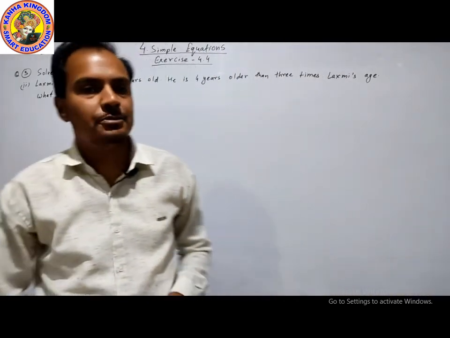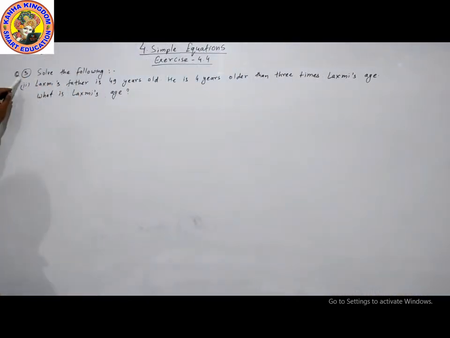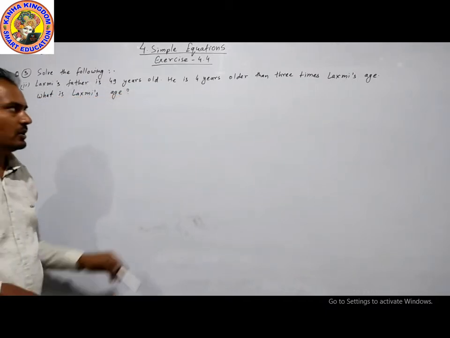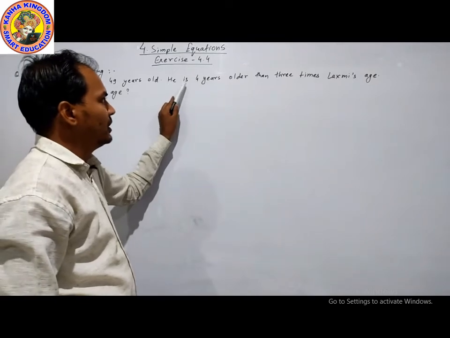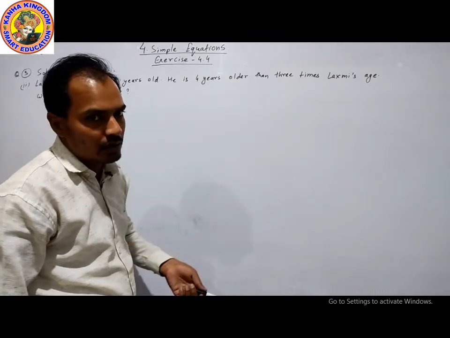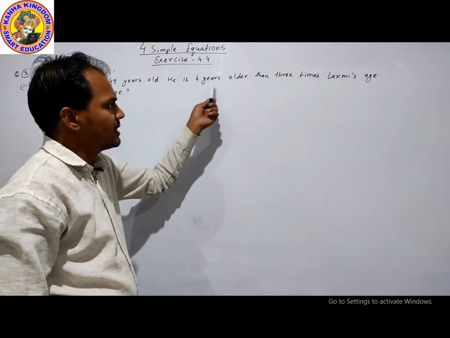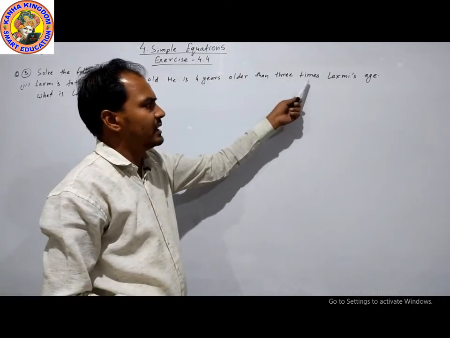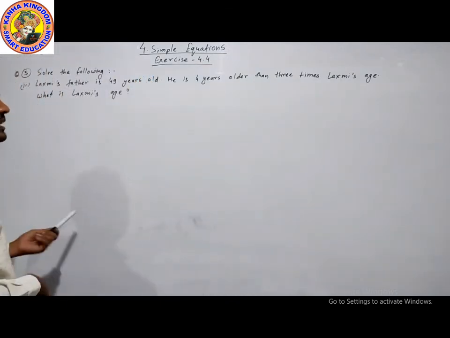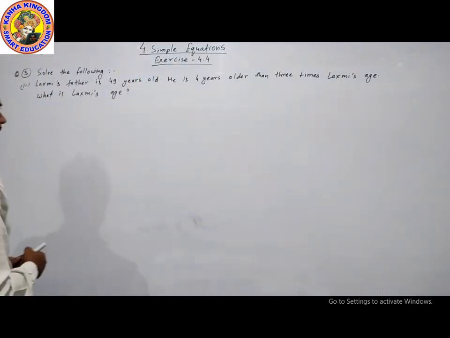Now our next part is question number 3, part 2. Lakshmi's father is 49 years old. He is 4 years older, 4 years older means plus 4, then 3 times Lakshmi's age. What is Lakshmi's age?